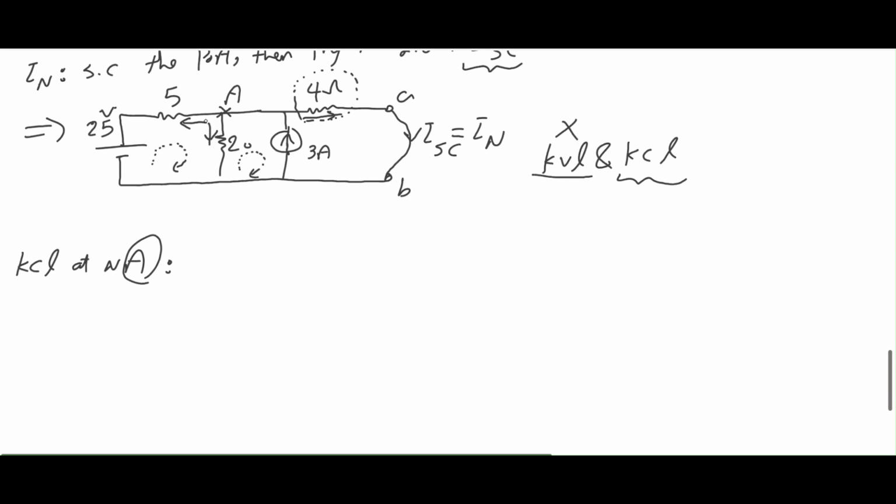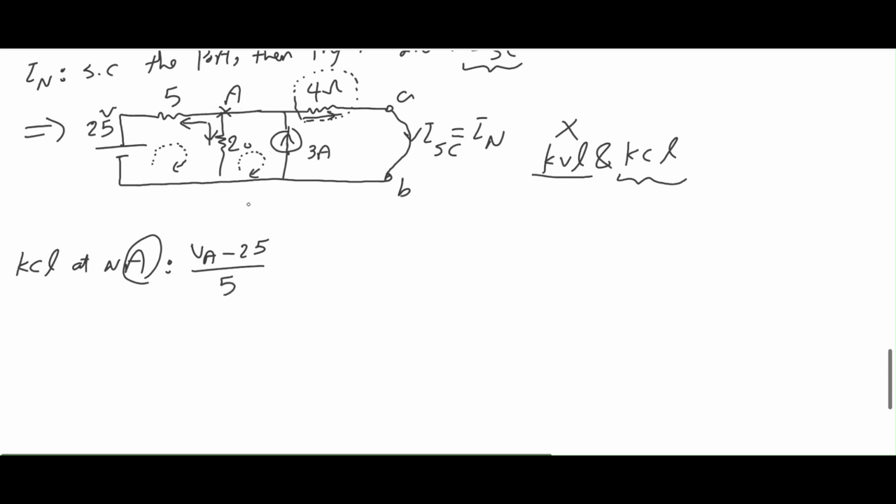So let's consider the current going out of node A if we don't know the direction of current. Again, if and only if we don't know the direction. So we always consider it going out of node A. For this current, which is flowing into 5 ohms going into the 25 volt source, I have VA minus 25 divided by 5.